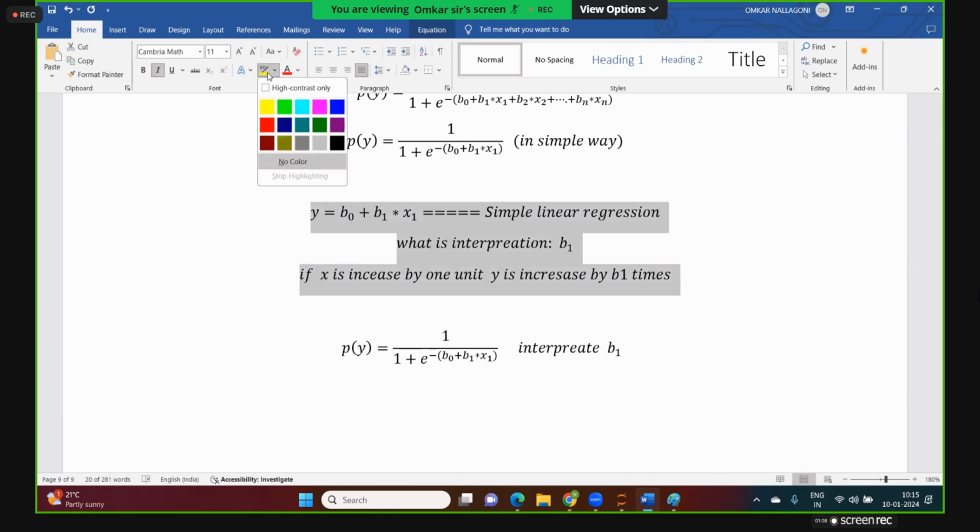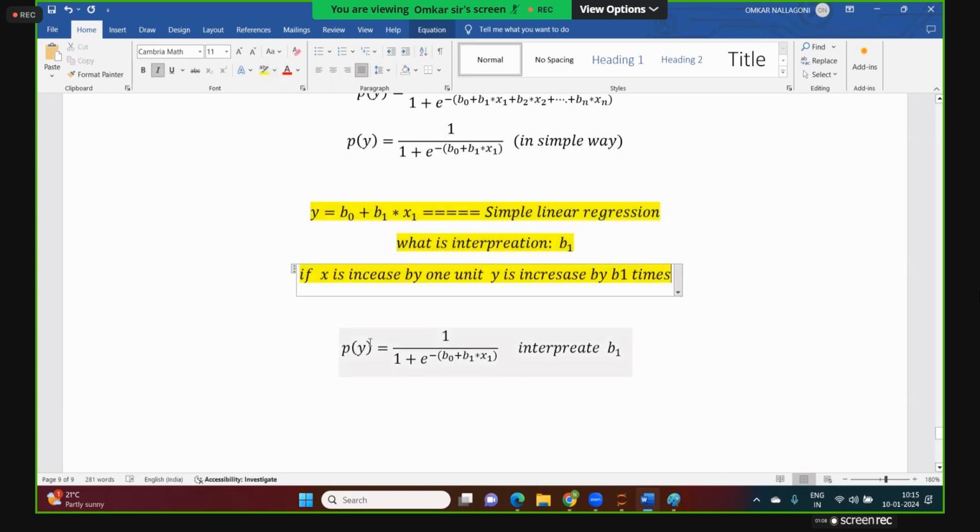And what about the interpretation of beta 1 in the other one? Tell me, how can you do that? This is also a formula, right? In this formula also, you need to be able to interpret beta 1.